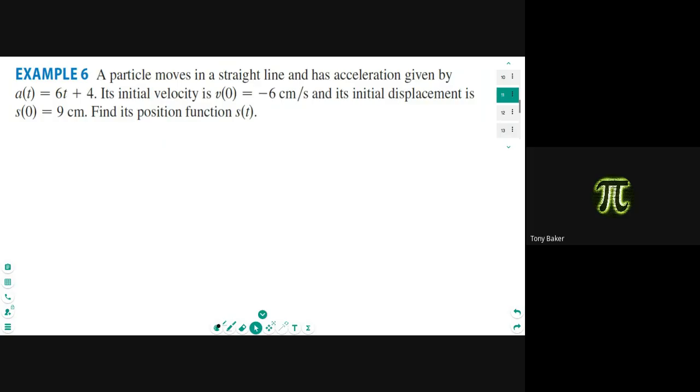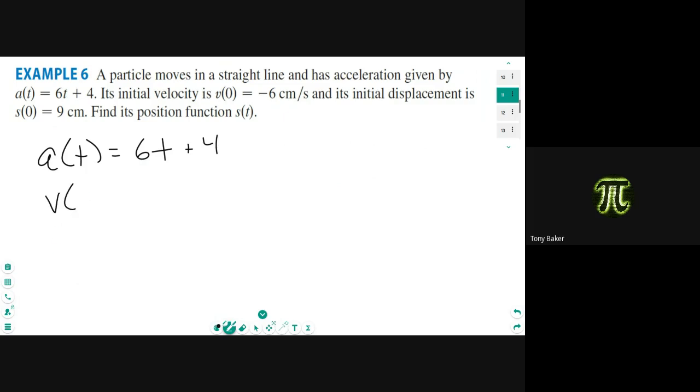So in this case, a particle moves in a straight line and has an acceleration given by a(t) is 6t plus 4. So we know our acceleration is 6t plus 4. They want the position, so they want s of t. So what is the progression from position to acceleration? That's the second derivative, right?